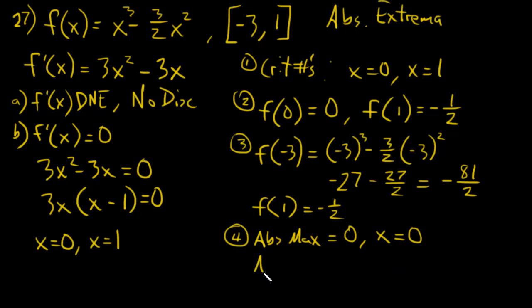And then the absolute min is going to be, well, the lowest value of all these is by far negative 81 halves, and that occurs at x equals negative 3. So that's where you have your absolute max and your absolute min for the function. Alrighty, pretty good, not too bad so far. Let's move on to the next one.